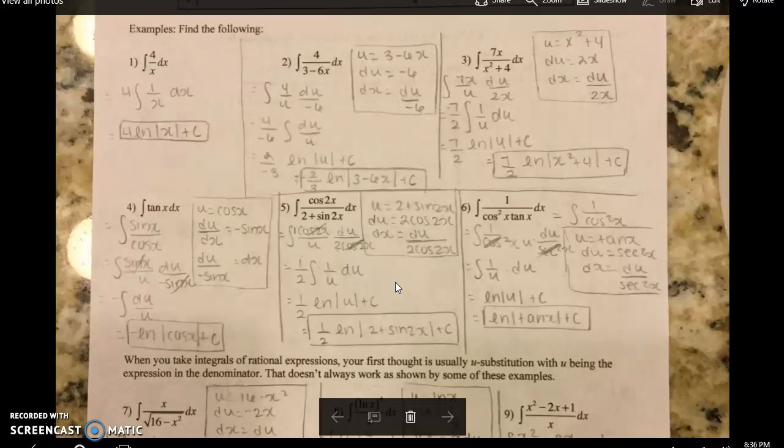And then the cosine 2x's canceled out, and we were left with 1 over u times du. Then we took the 1/2 out of the integral because we wanted to get 1 over u by itself. And that was another one of the rules, where 1 over u equals ln absolute value of u plus c. So we kept 1/2 in the front, and then did ln absolute value of u plus c, and we plugged in the value for u. And so that's how we got this answer.